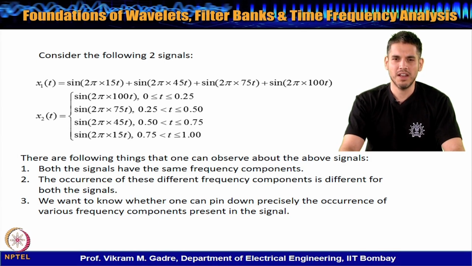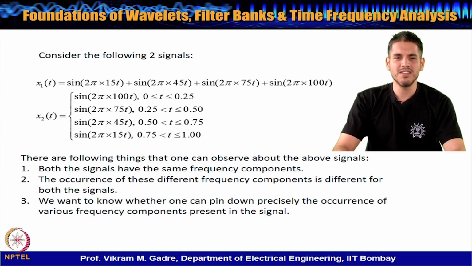In the first signal, x1(t), there are 4 different sinusoids of different frequencies which are present throughout the time interval. Whereas in the second signal, these sinusoidal components occur at different points in time.